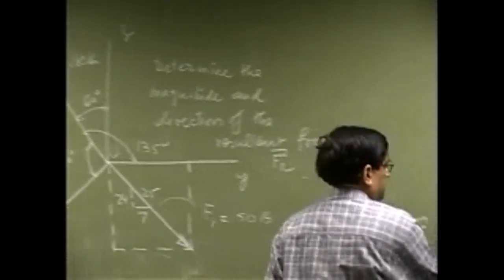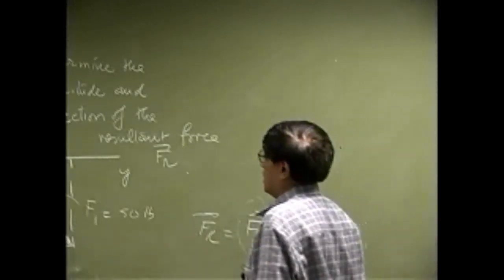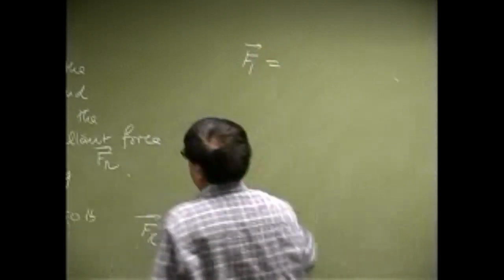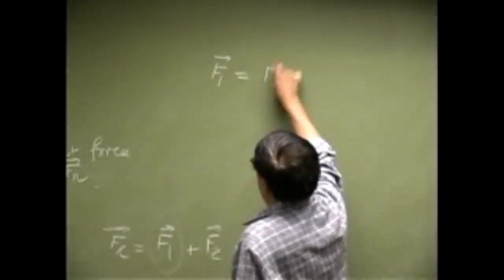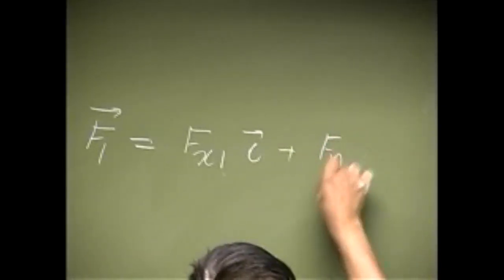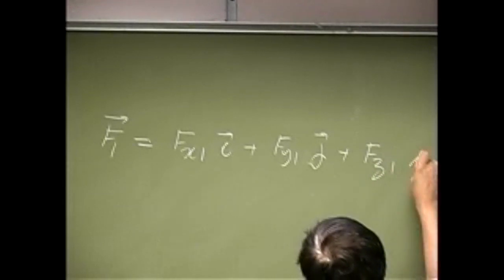Now, to do it in actual practice, we need to write this in Cartesian vector form. We need the force F1 as Fx1 i, Fy1 j and Fz1 k.